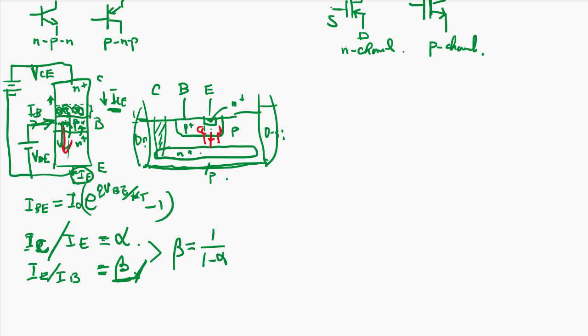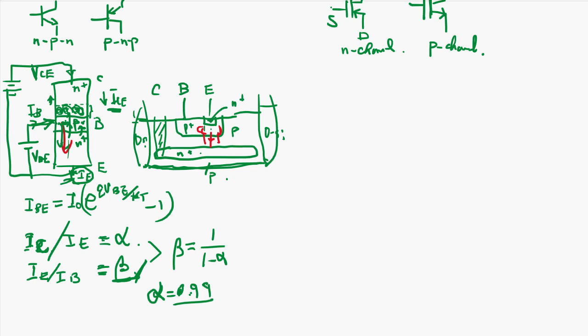So alpha is 0.99, meaning most of the current, because when transistor turns on, most of the current comes from here. So this alpha is 0.99. Most of this entire current, 99%, comes from here. The base current is very little, 1%.